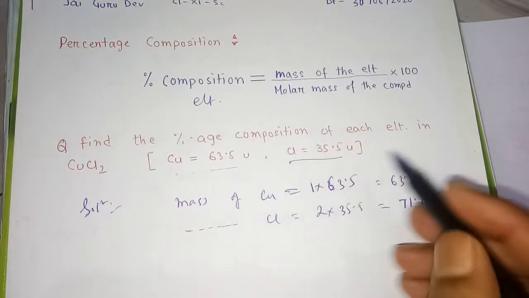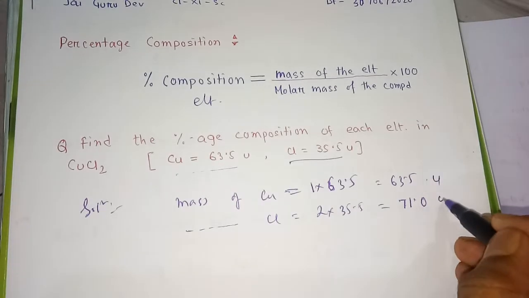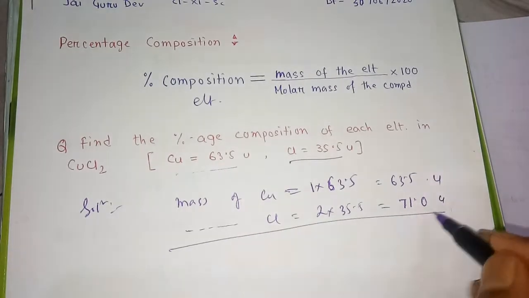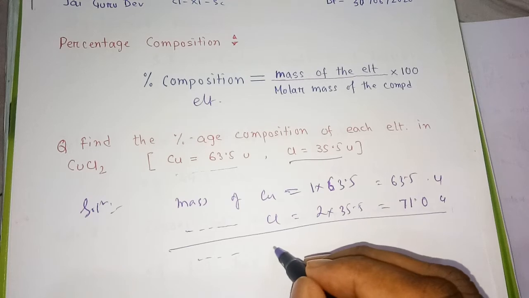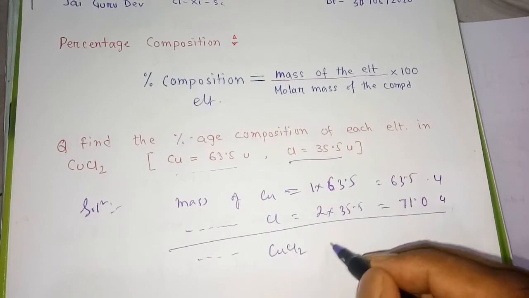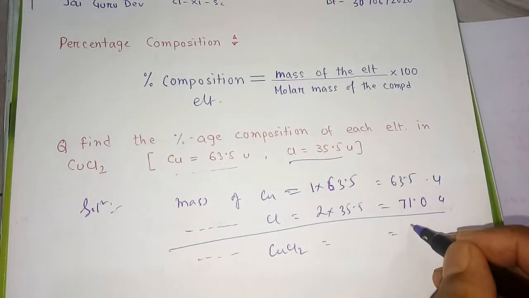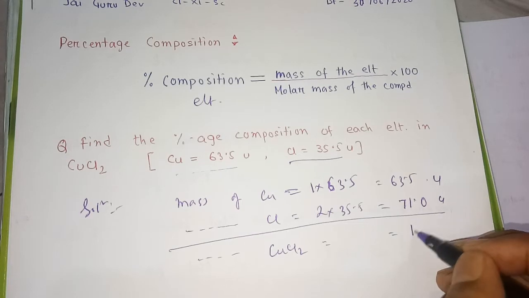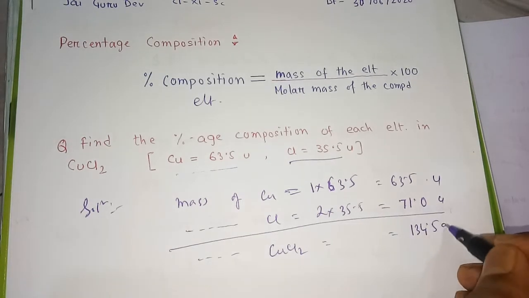Since this is given in u, you write down u. Therefore, the mass of CuCl2 is, you add them, 134.5 gram.